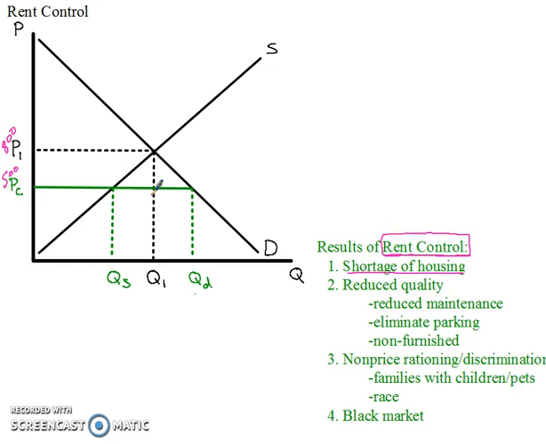Well, some of the results might be things like reduced quality that we've talked about before. That is to say, maybe at $500 a month, the apartment place says, we're not going to do as good of a job on maintenance. So they used to have 5 maintenance guys that came around and fixed things, and that was at $800 a month.